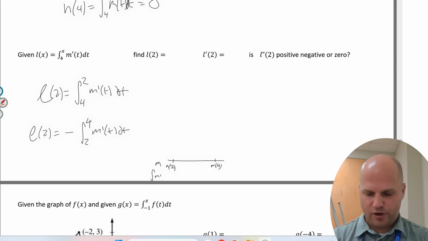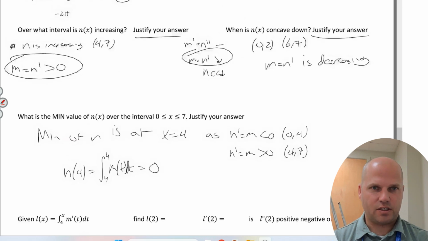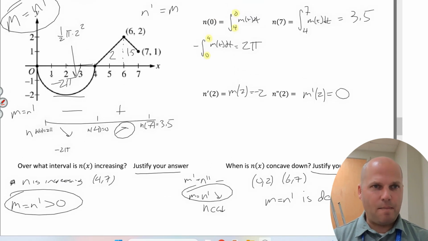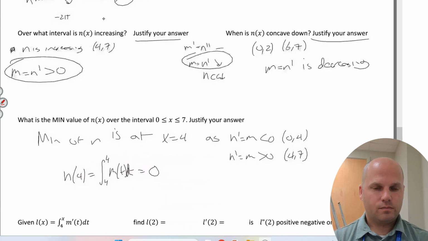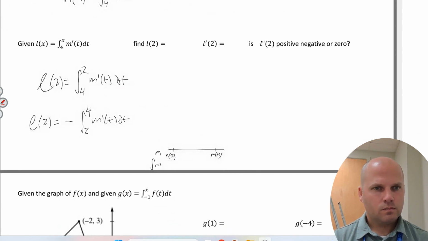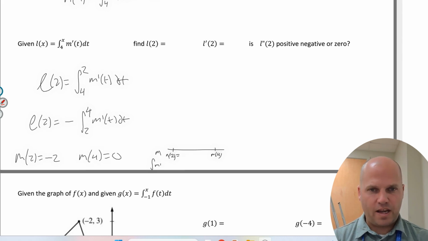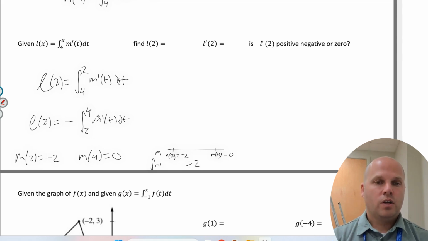This is like the no calculator way of doing things. I'm glad I entered this in because it's nice and different. M of 2 is negative 2. M of 4 is 0. So if I go from negative 2 to 0, I know I've increased 2. And that means this is a positive 2, but I'm going to go opposite and I get negative 2.